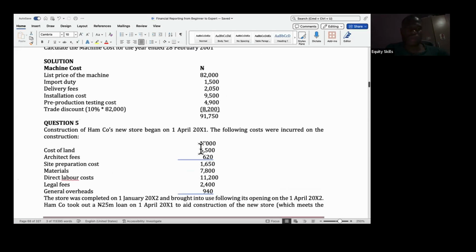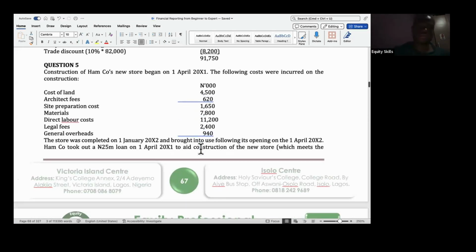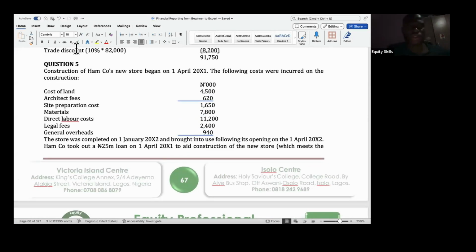Let's go to the next question. We have construction of Amsco's new store that began on 1st April 2001. The following costs were incurred on the construction. You have the cost of land, all of this.